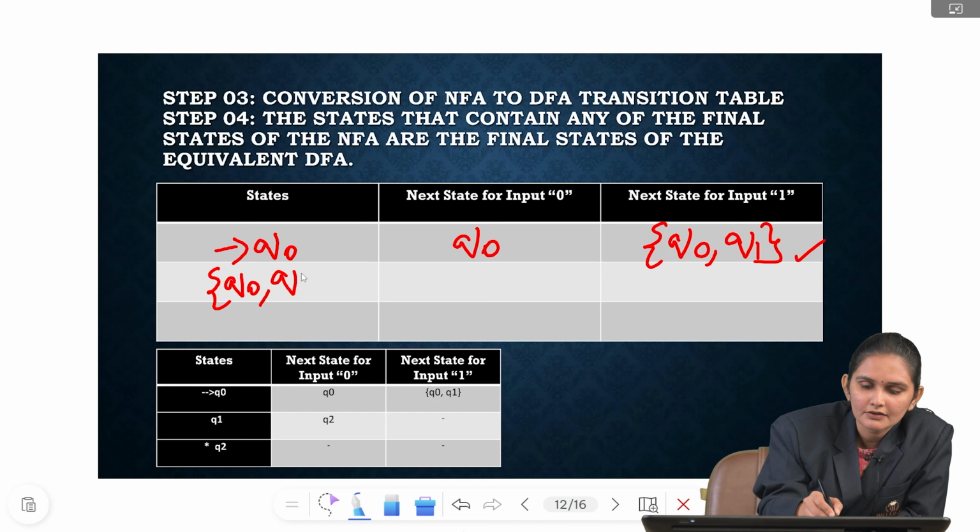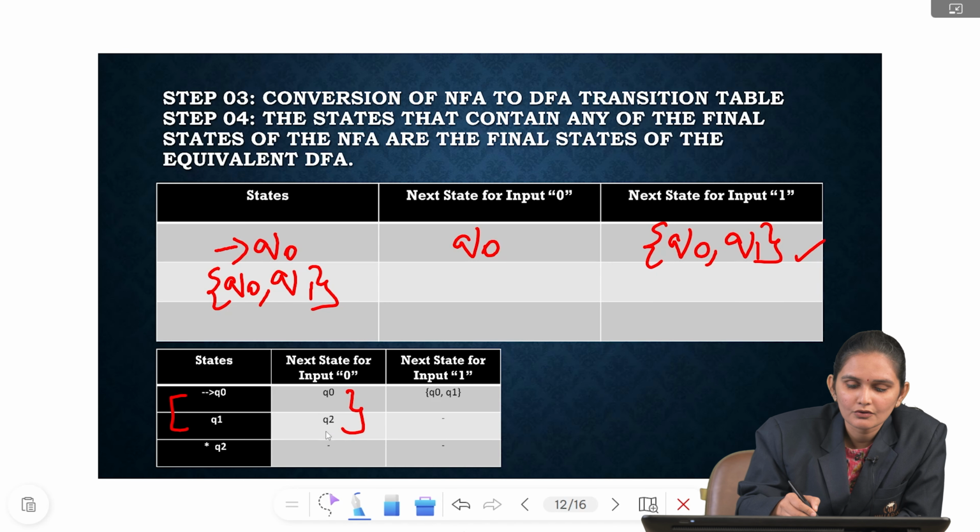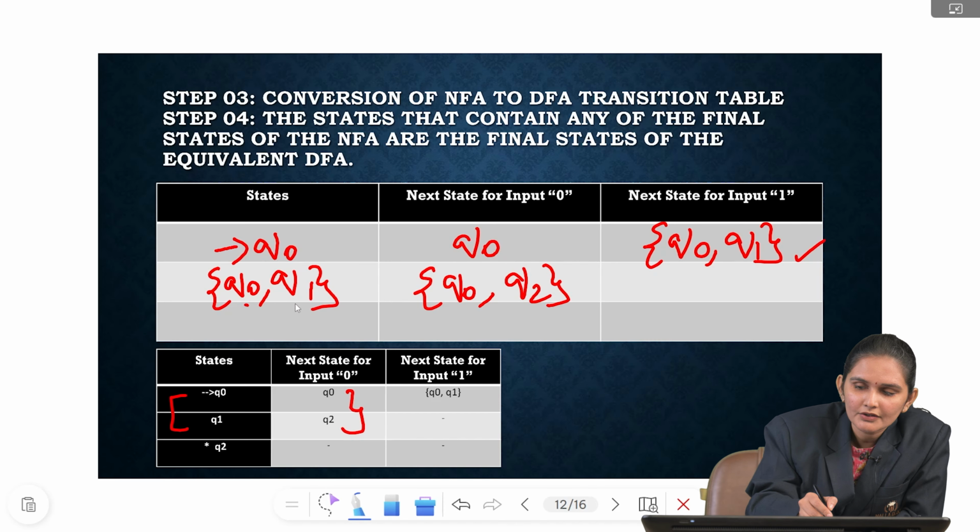Q0, Q1 on 0 forms Q0, Q2, so we'll write Q0, Q2. Q0, Q1 on 1, what is it forming?